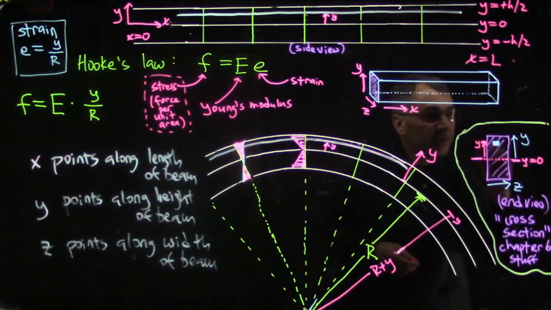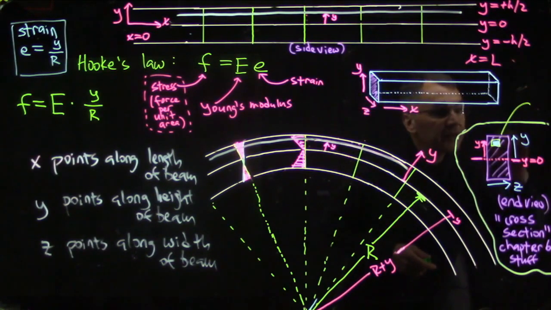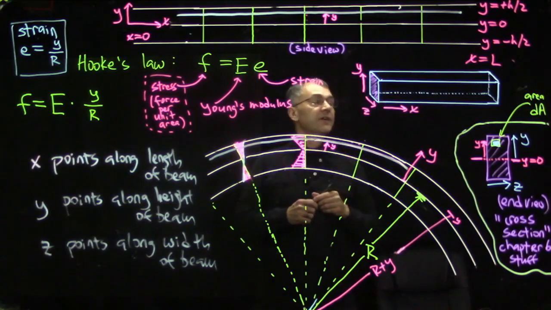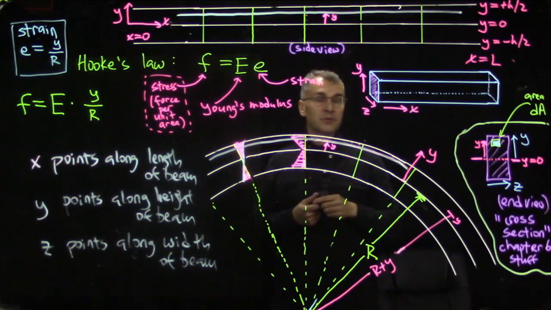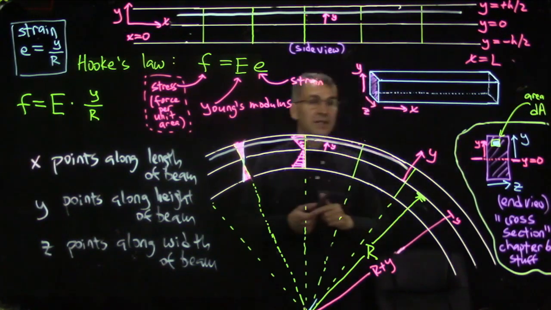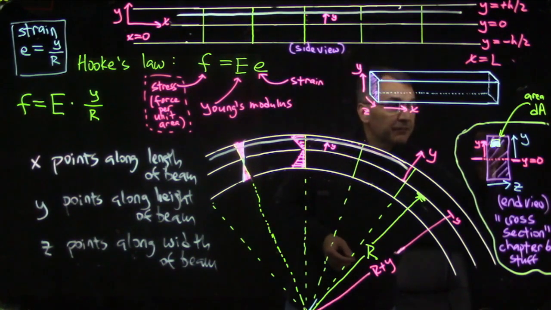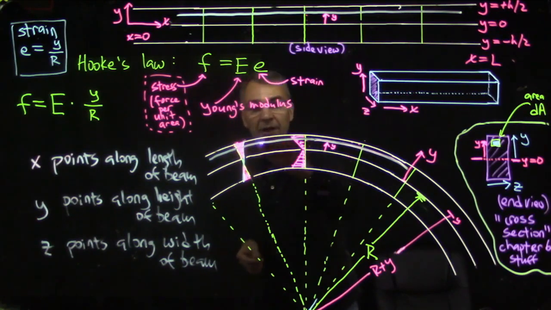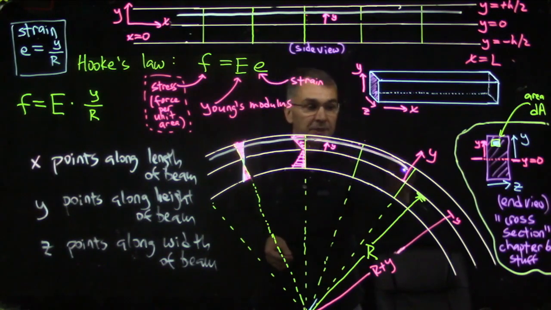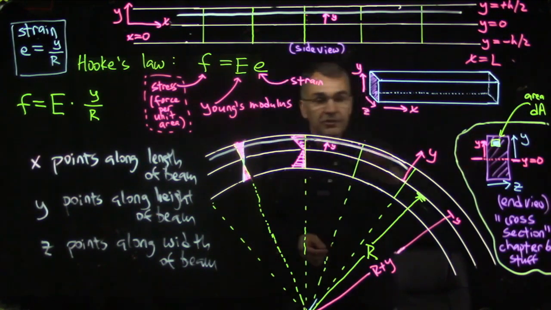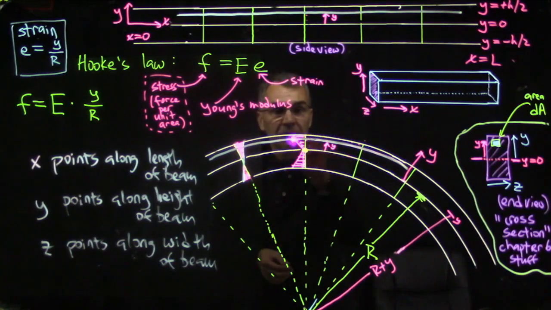And we're also going to say that this little chunk has an area dA, where we use little d in the calculus sense to mean it's an infinitesimal, and we're going to add up all of these little chunks by integrating using calculus. Here's this fiber running along the length of the beam, and I'm going to give that fiber a cross-sectional area dA. And then here's that same fiber running along the length of the bent beam, and it still has this cross-sectional area dA. I want to know what is the tension in this little fiber.